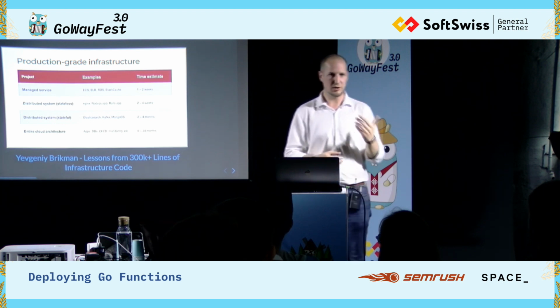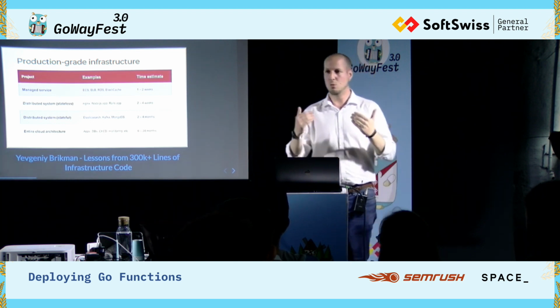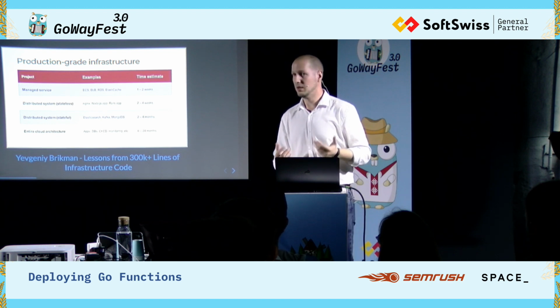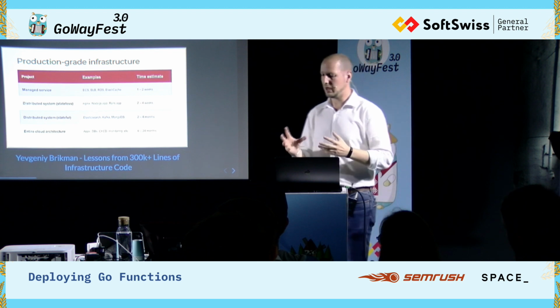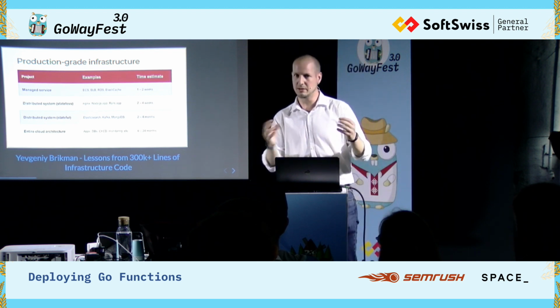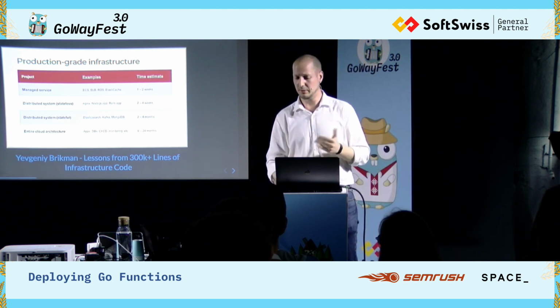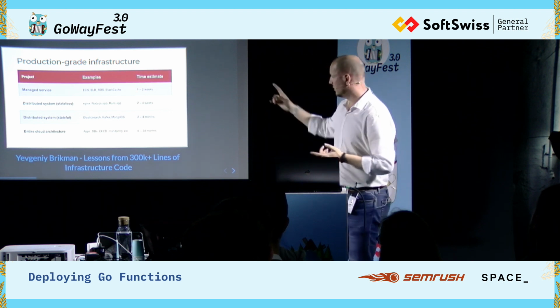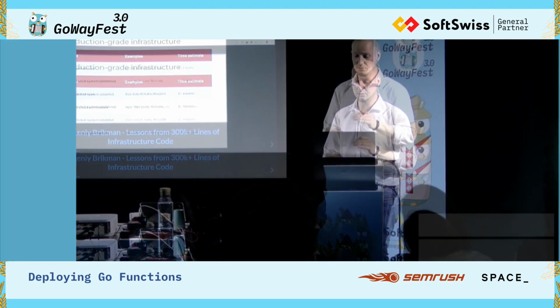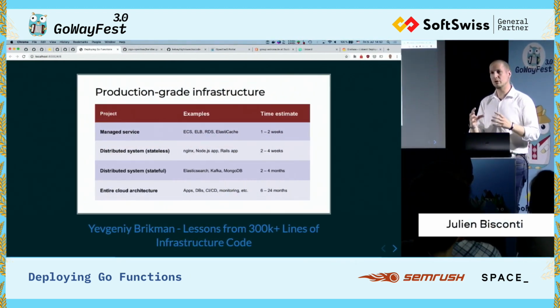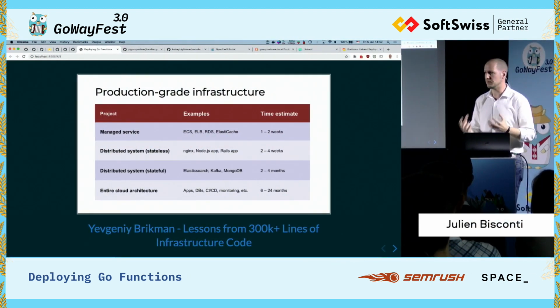Even if you use a managed service, you might have to think about what if that service goes down? How can I migrate the data? What should I do? How do I integrate many clients to that one server, and all those things. And if you want, you can watch that talk by Evgeny Birkman. It's really interesting to see how much work goes into actually managing infrastructure.